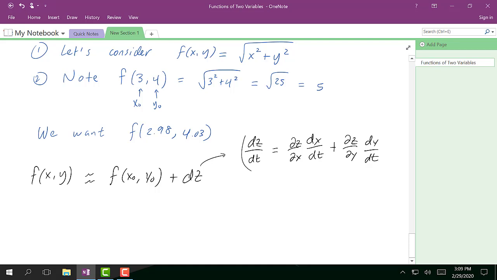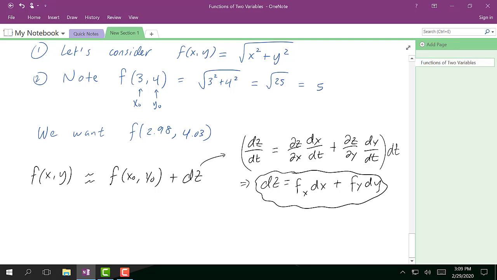But what we can do is multiply the whole thing through by dt, in which case we'd get dz is going to be f sub x instead of the partial derivative of z with respect to x, dx, plus f sub y, dy. This is what we're going to use right here for dz.